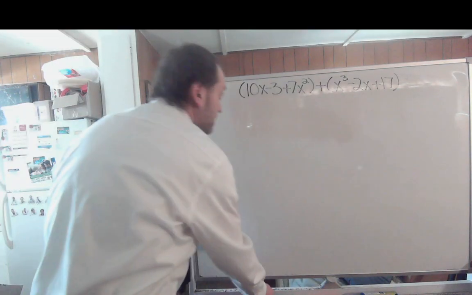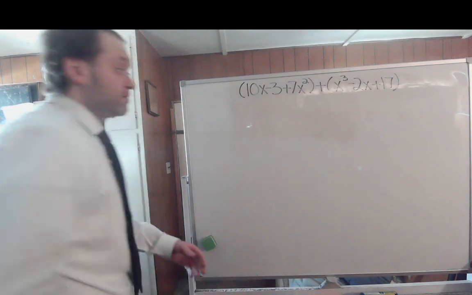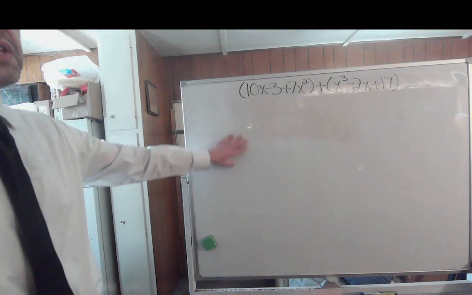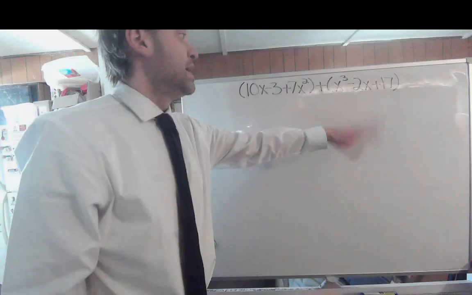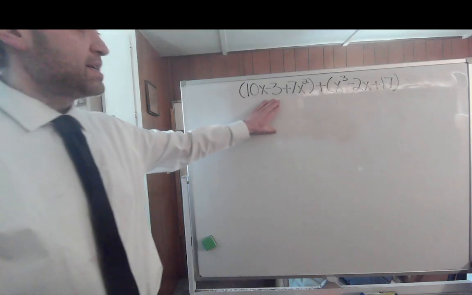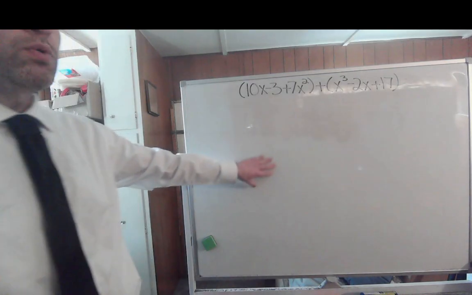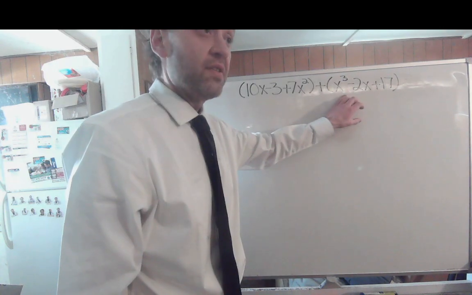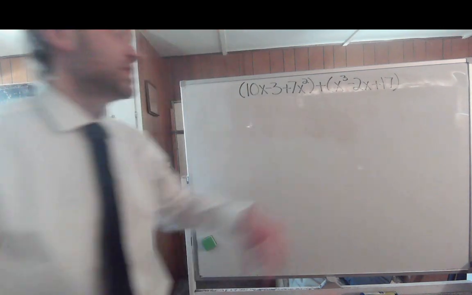Alright, so they got stuff out of order with the first quantity, and then they skip a term in the second one. So you have the quantity of 10x minus 3 plus 7x squared, that quantity plus the quantity of x to the third minus 2x plus 17.